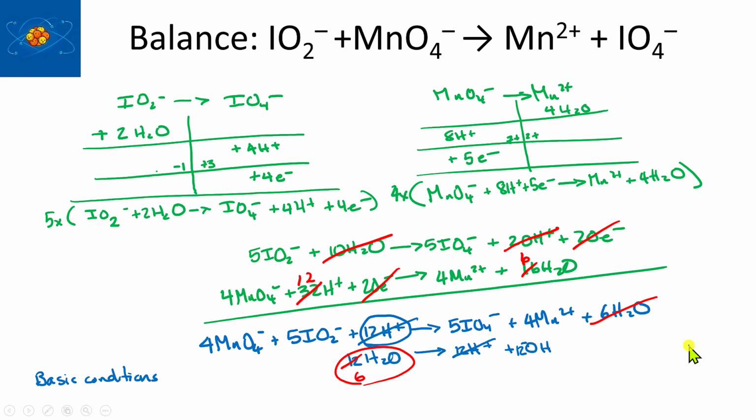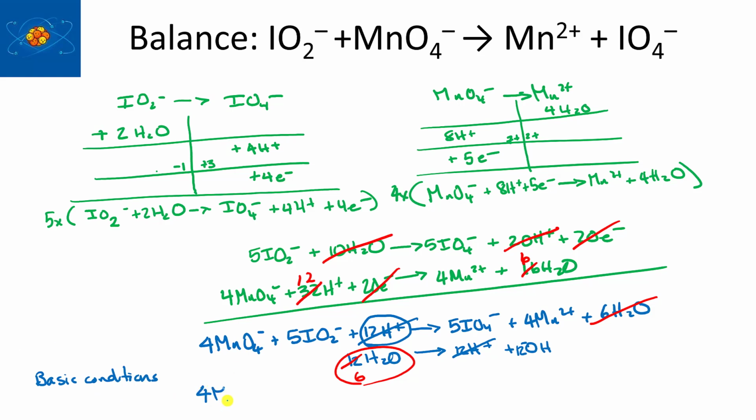Now, honestly, when you're looking at this, one of the things you have to really consider, although I won't force you to do this, is whether or not the products are soluble under basic conditions, because hydroxide generally makes things insoluble. And then rather than having the product be just this, let me write it out.